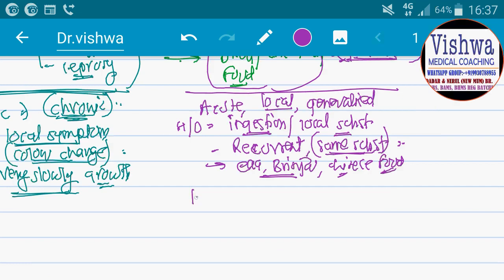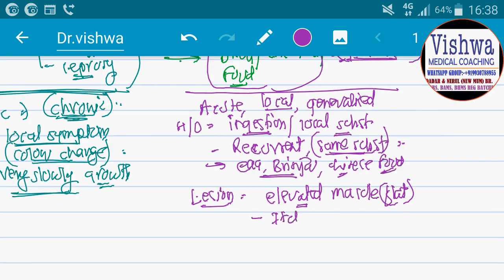And how would the lesion look? The lesion in the skin is an elevated macule. Macule in the sense it is a flat elevated skin lesion, and the prominent feature is itching and burning together. Prominent symptom is itching and burning. No constitutional symptoms.